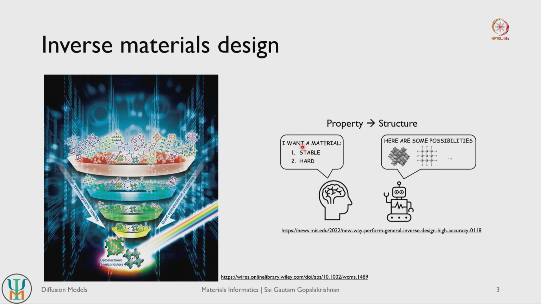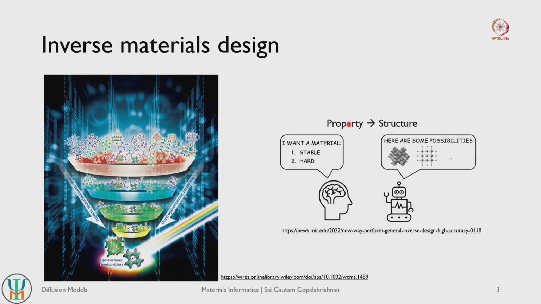You can say I want a stable material, I want it to be super hard for some mechanical or surface applications, and the model comes up with a few possible structures. This is one area where inverse materials design as a paradigm can be used to identify suitable materials or structures very well, and this is where generative models come into the picture. You want models that will generate suitable structures for any property requirements that you may have.